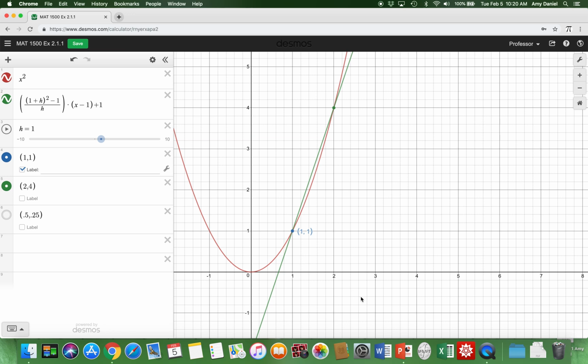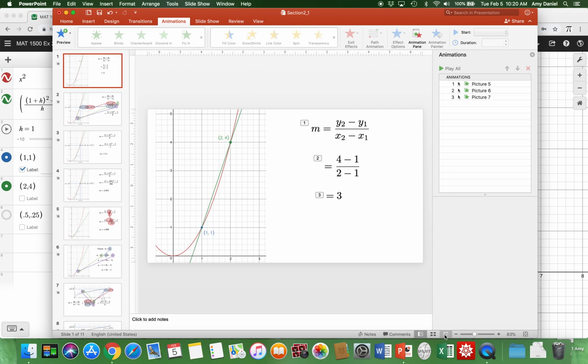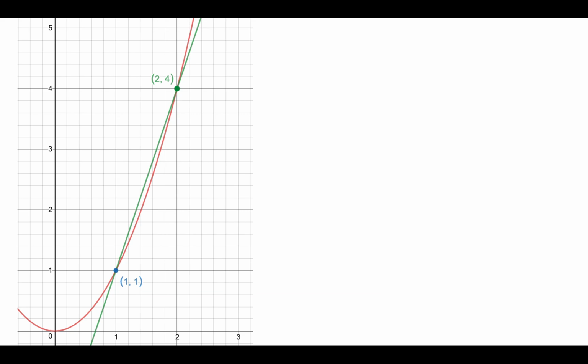We're going to go back to algebra for a minute and remember how to find the slope of a line. You've done this before, this is easy, but we just want to warm up this idea. Remember, our equation for slope is y2 minus y1 over x2 minus x1. So we're going to think of this 2 comma 4 point as our second point and 1, 1 as our first point.